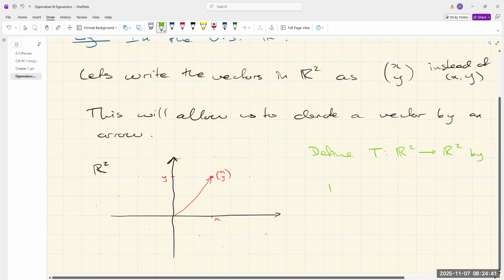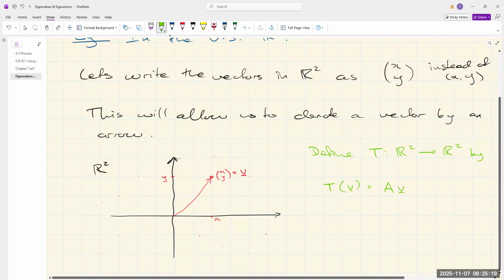It's going to take T of, let's say, x, y, and give you an answer. Maybe I want to avoid using the letter x, so let's call this vector V. So T of V is going to give you a vector by working out A times V. And what is big A?